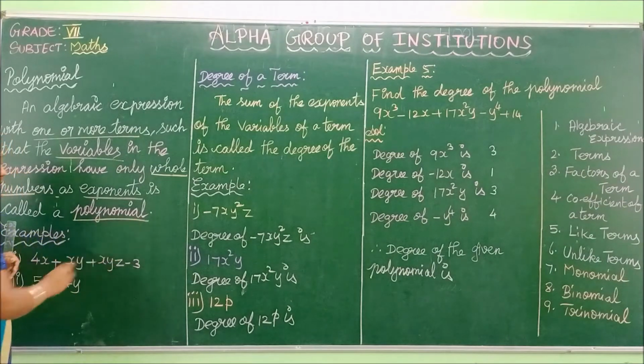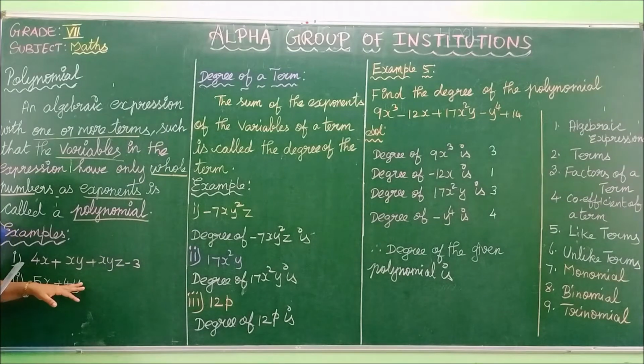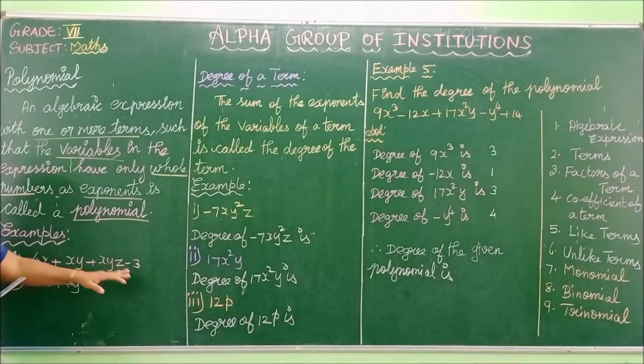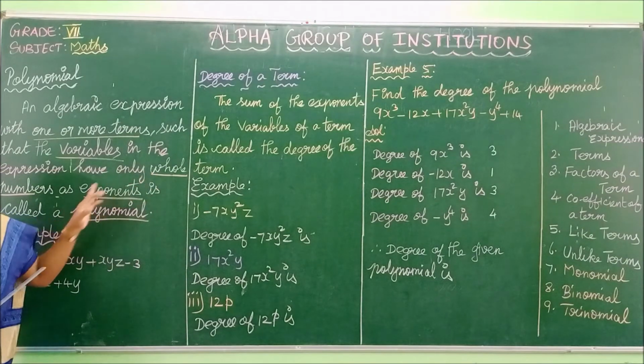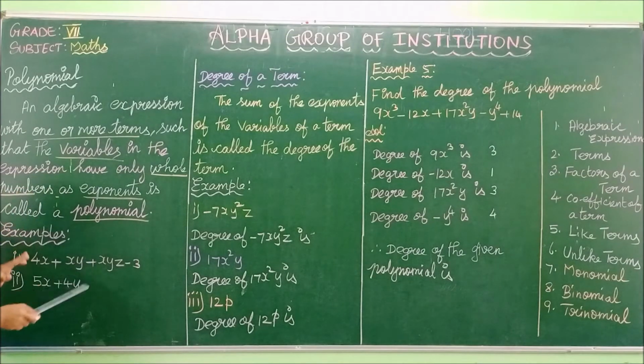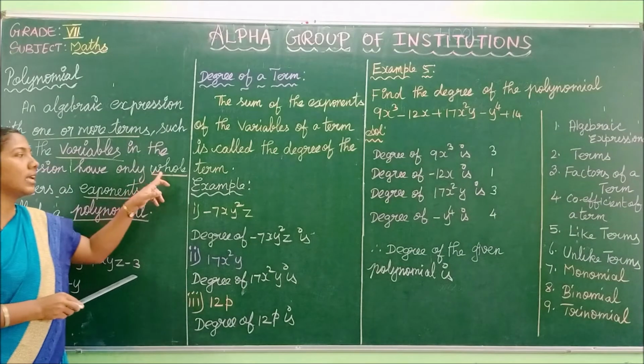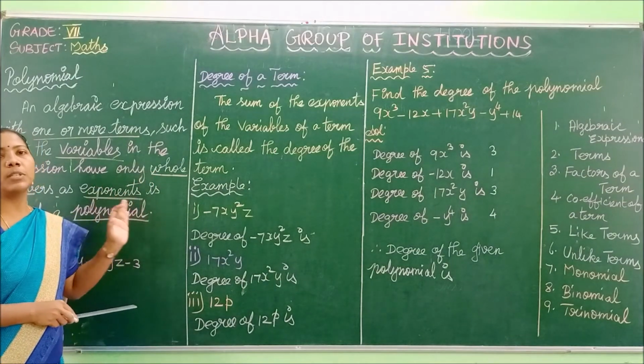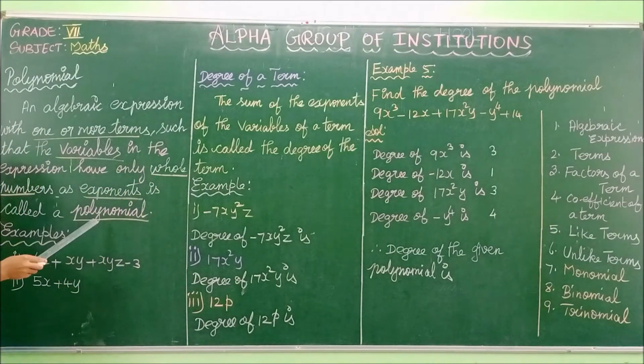It means you have to consider one expression in which we have some variables. The exponents of those variables should be whole numbers. It should not be negative numbers or fractions other than whole numbers. So the expression must contain variables with powers as whole numbers. Such types of expressions are said to be polynomials.